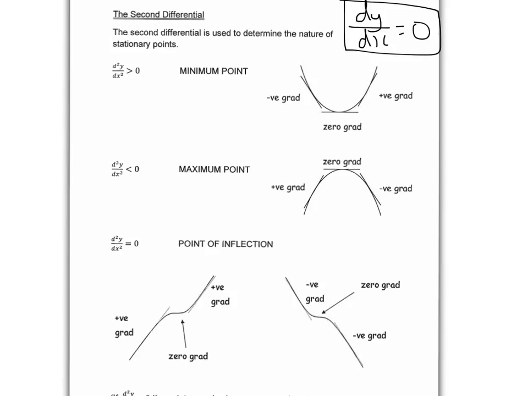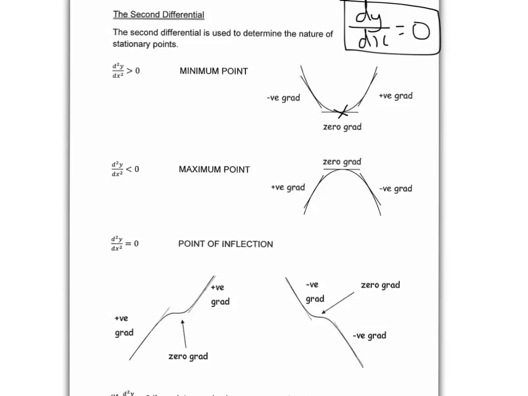So in this example here, we have something which is going downwards, it's decreasing with a negative gradient. It pauses briefly at the bottom, it has a zero gradient, and then it begins to increase. It's an increasing function over this part. But at this particular point here, it is a stationary point or a turning point.